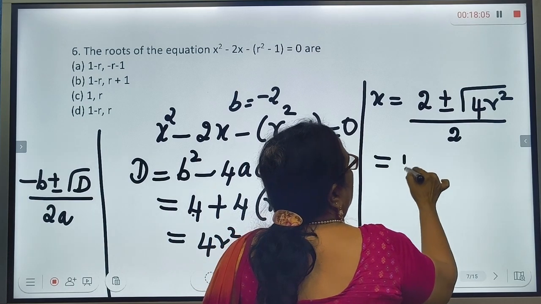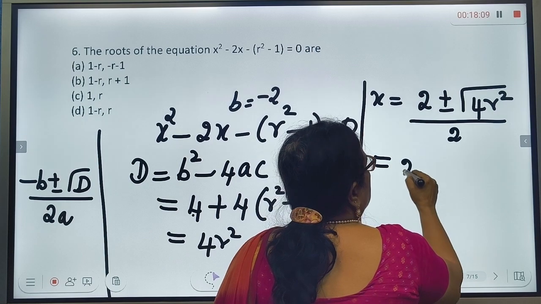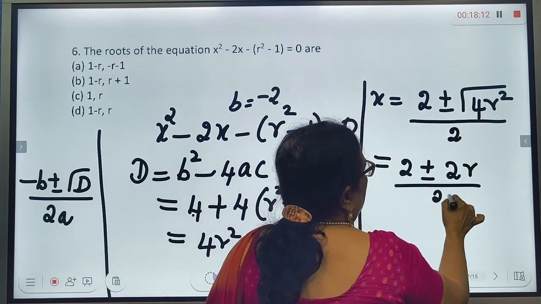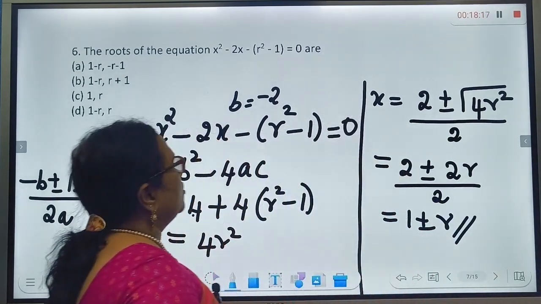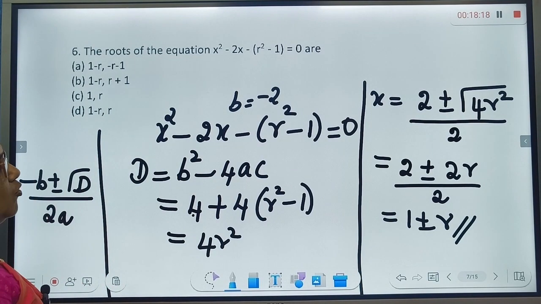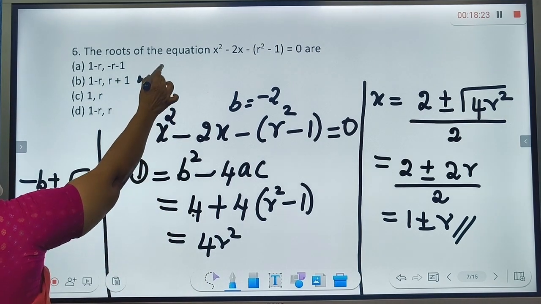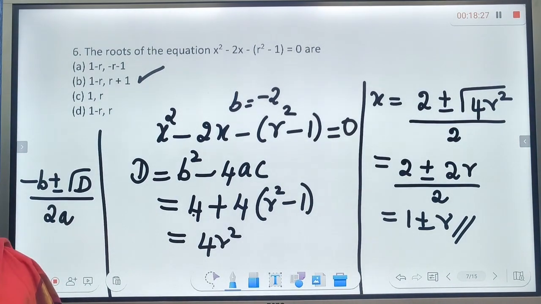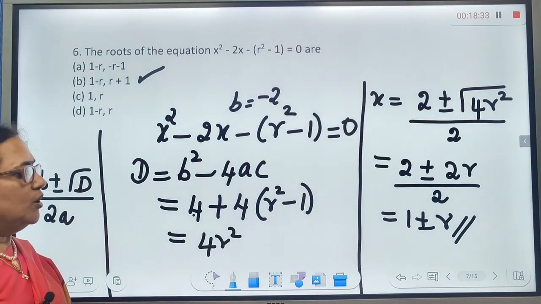Let me simplify this for you. 2 plus or minus 2r by 2, which is 1 plus or minus r. So the roots are 1 plus r or r plus 1 and 1 minus r. 1 minus r and r plus 1 are the roots of the quadratic equation x square minus 2x minus r square minus 1 equal to 0.